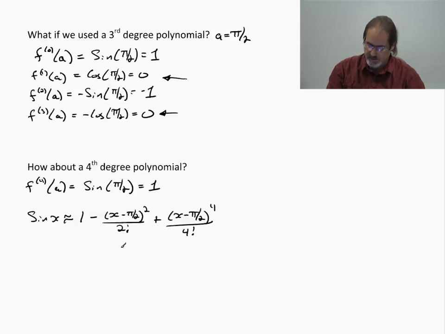So this is my approximation for sine about pi over 2. If this was about 0, then this would be x squared over 2 factorial, and then x to the fourth over 4 factorial, that sort of thing.